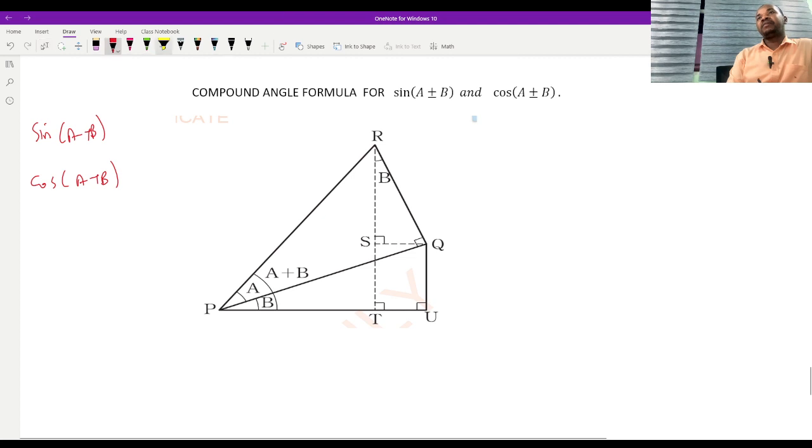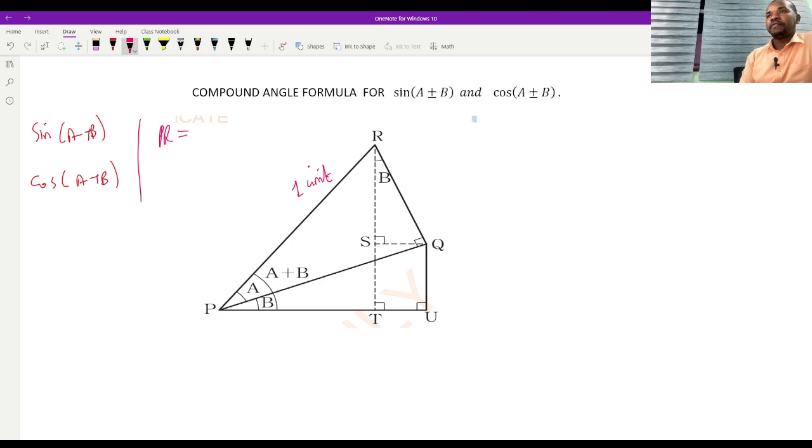So from the diagram here, in this diagram, side PR is going to be 1 unit. So we are going to consider side PR to be 1 unit. PR will be 1.